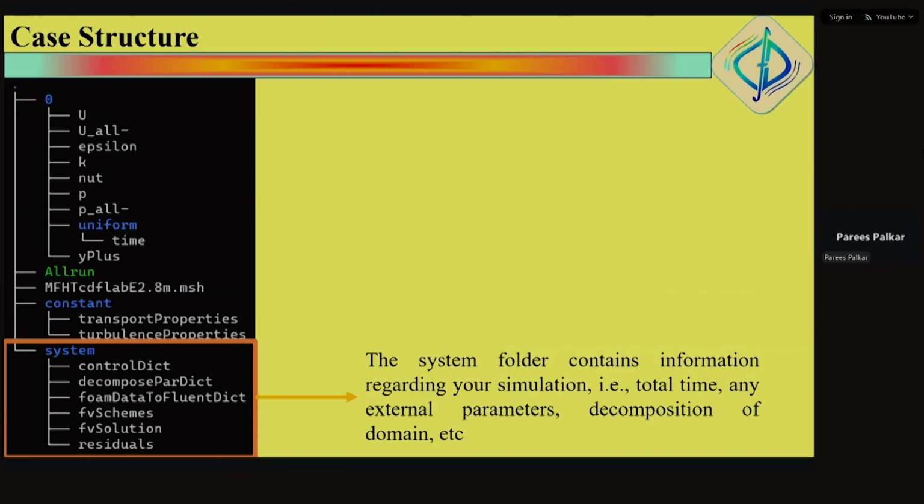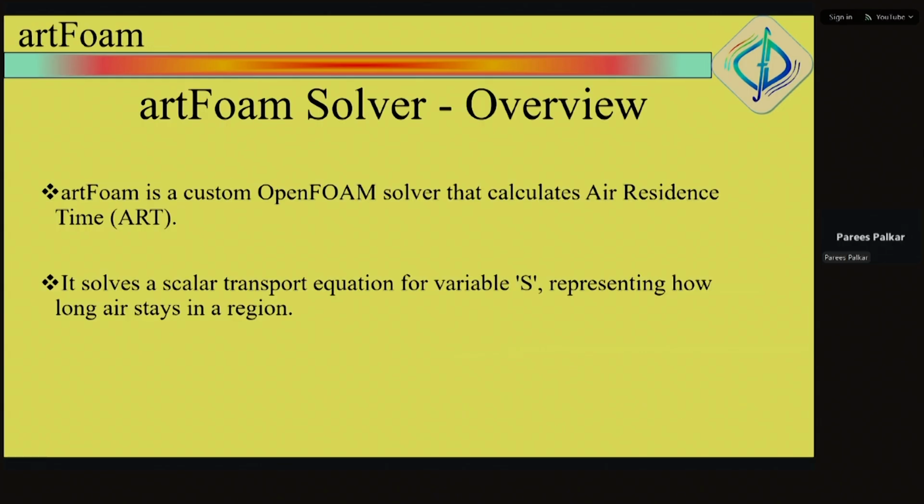This helps us decompose our case, as we have seen in the morning session while running our simulation in parallel. To run your simulation in parallel, firstly we have to decompose this case into subdomains, and then we can solve the simulation on the decomposed domain.